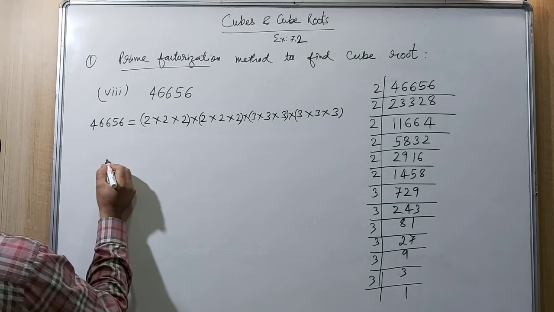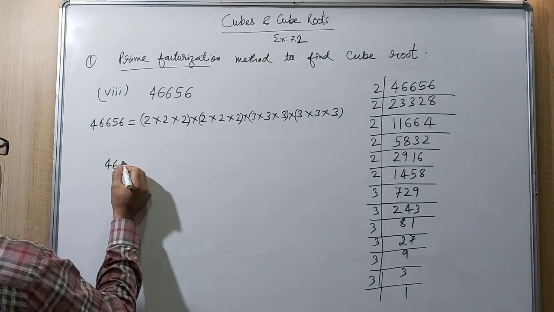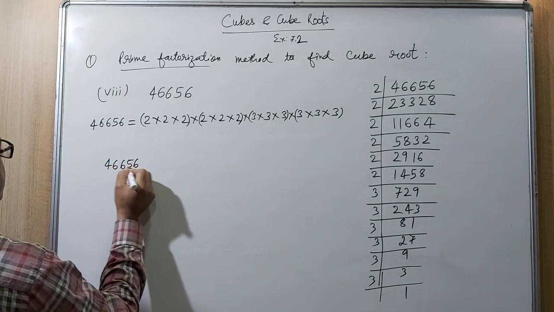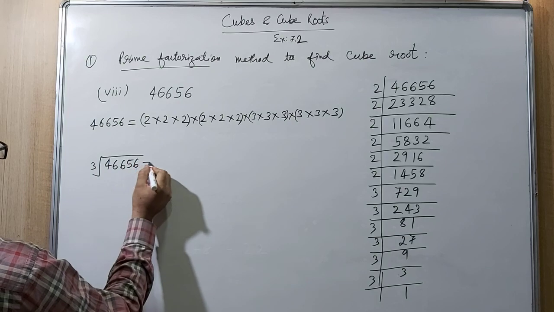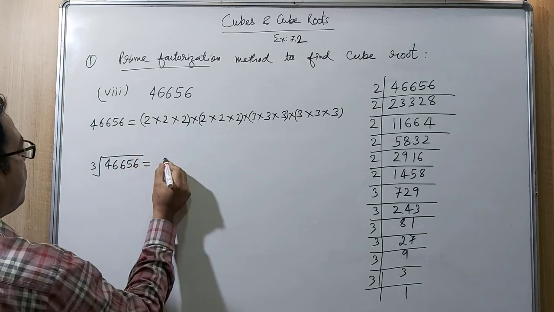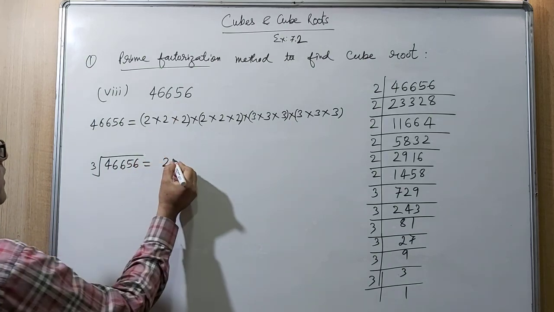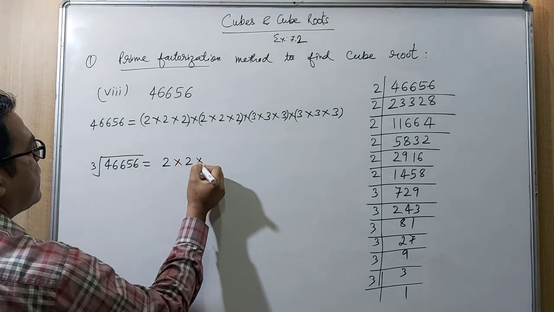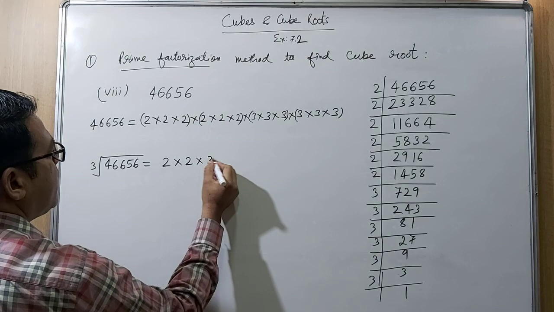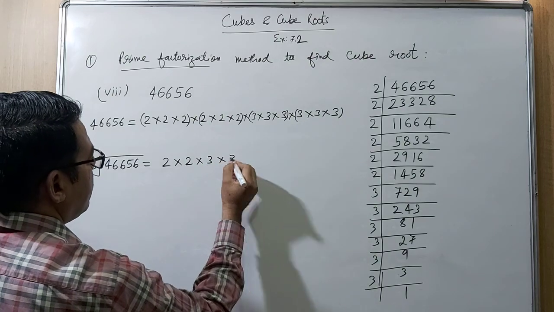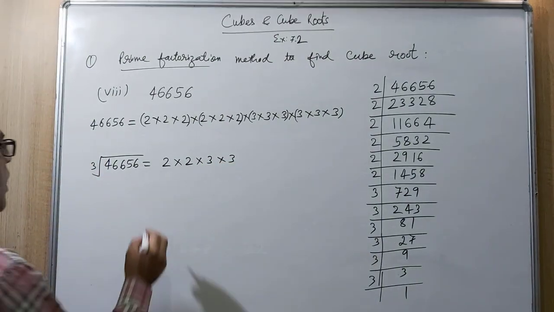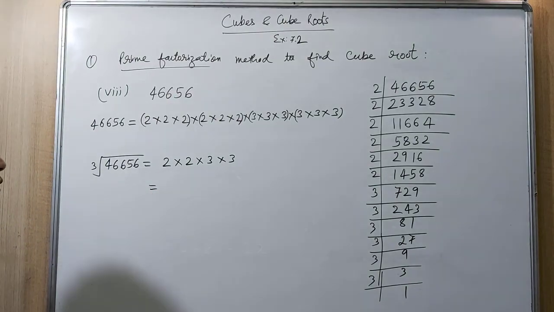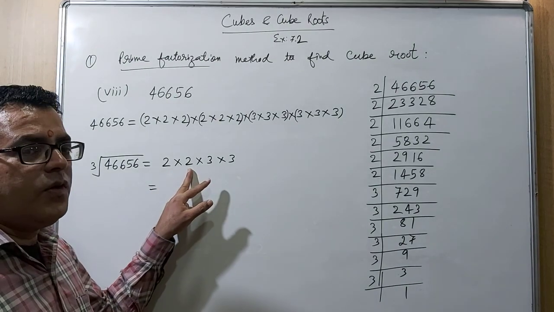So the cube root of 46,656 is, we can take one value from each triplet, so two 2s and two 3s, and multiply all these together. 2 2s are 4, right?